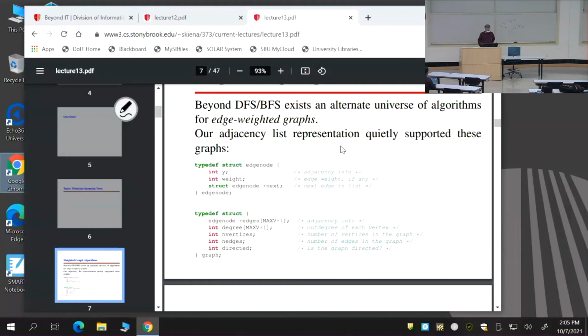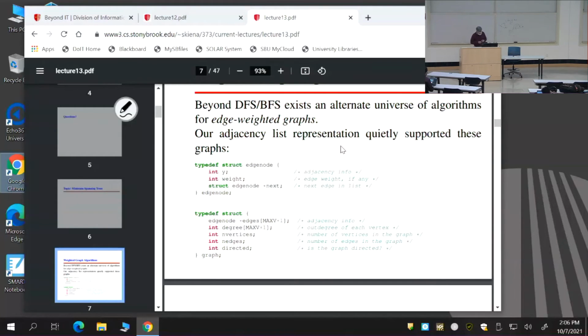If you wanted to find the shortest path in a road network, roads have different lengths. We saw breadth-first search would find the shortest path between two nodes in terms of the number of hops. But if certain hops were longer than other hops, we were in a weighted graph world and not an unweighted graph world.